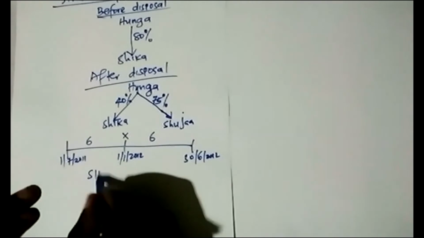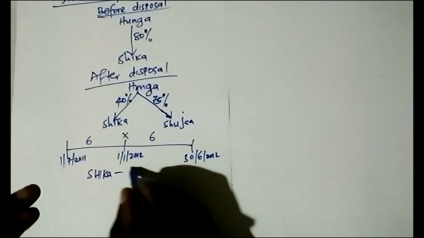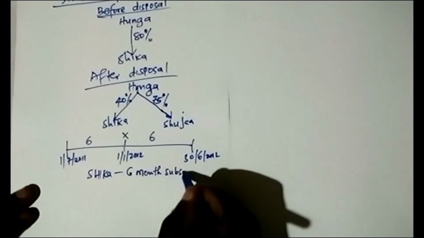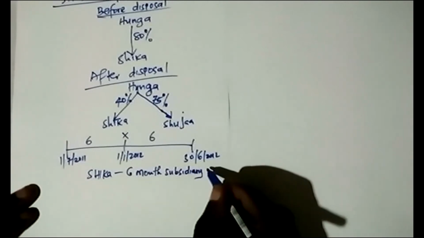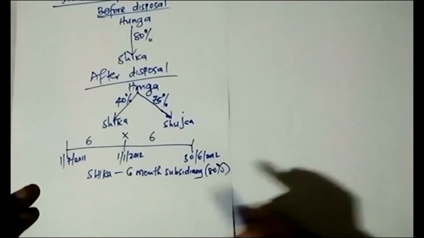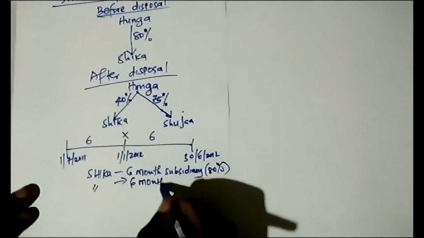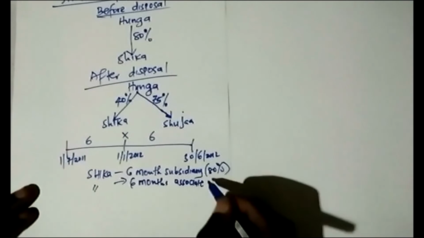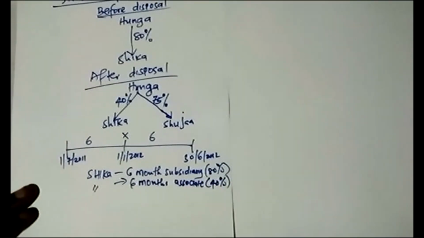So we say Shika: 6 months subsidiary, at 80%. Then again Shika, 6 months associate, because after half is disposed, it remained 40% for the last 6 months.